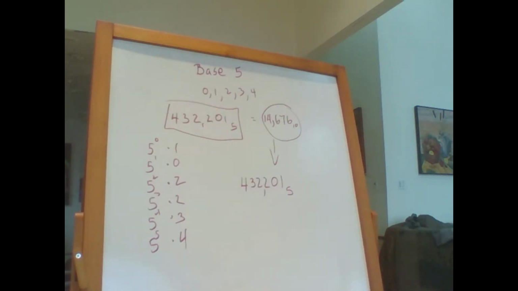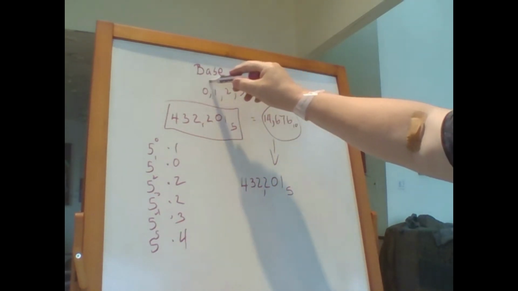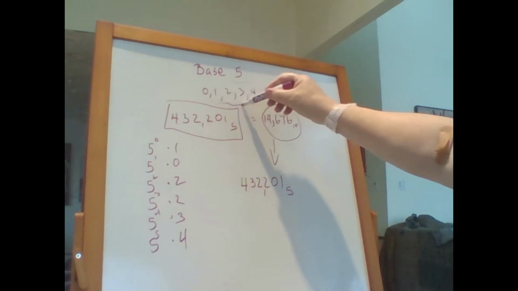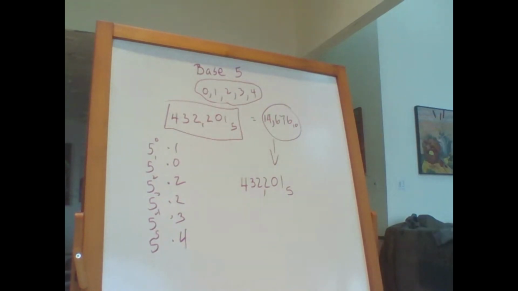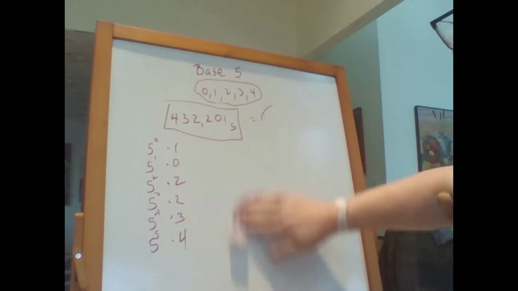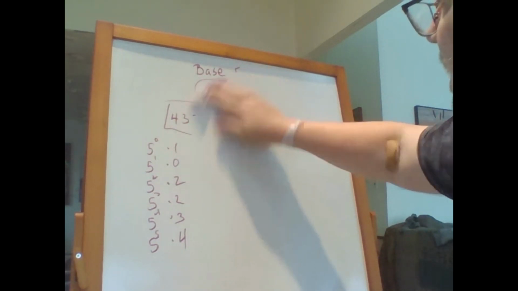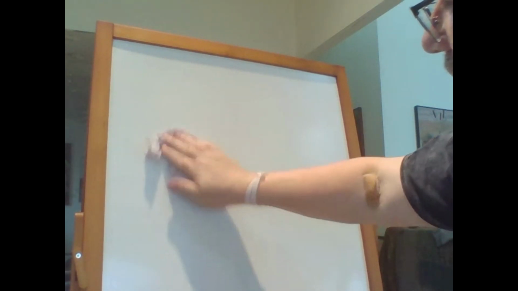So that's how we can go back and forth between different bases. But it's important here that you know that none of your placeholders can be, let's say in base 5, greater than 4. If it's base 7, we can't have a placeholder greater than 6.